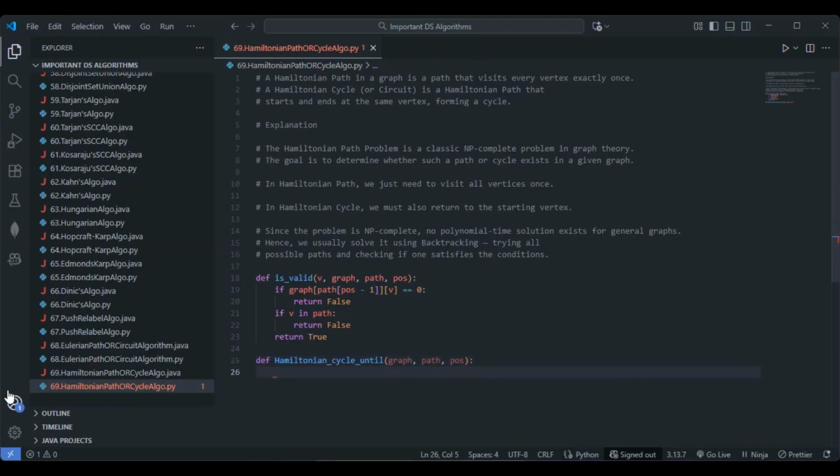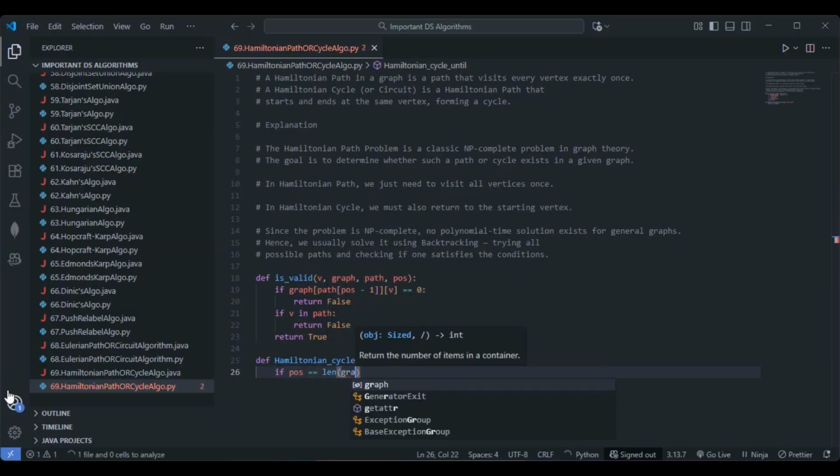Now let's go with the base case: if all the vertices are in the path, so I'll go with position equals length of graph.